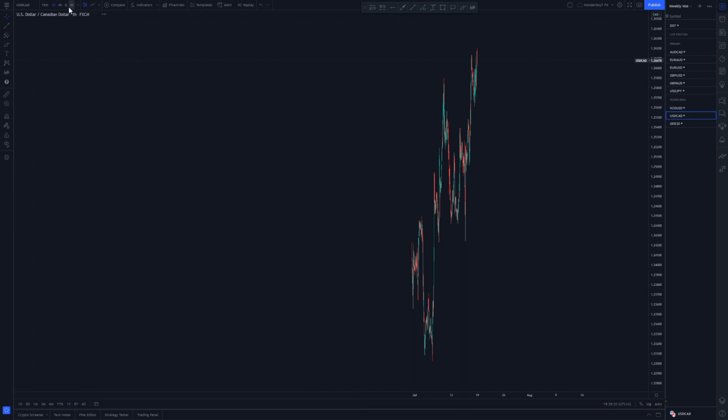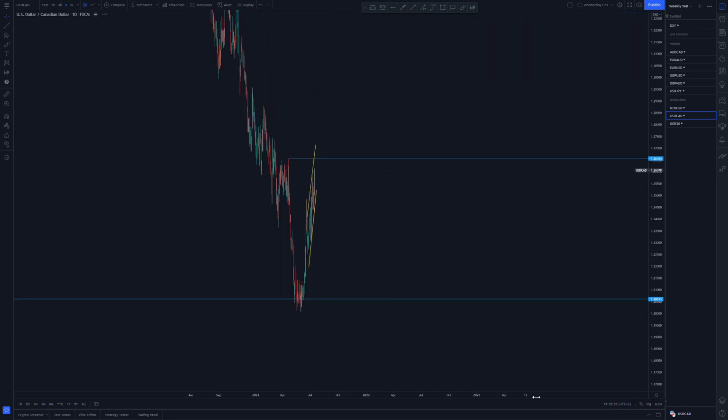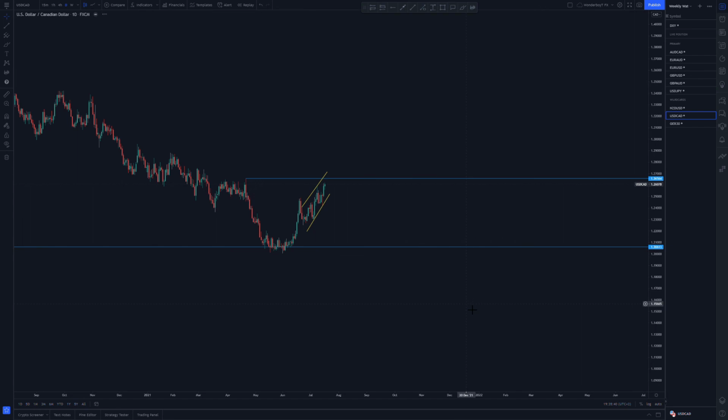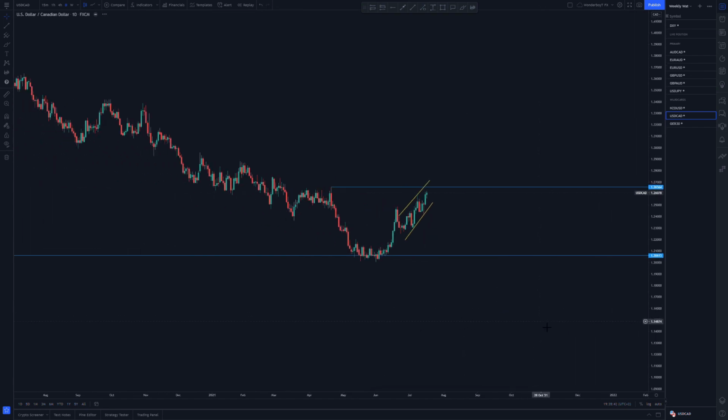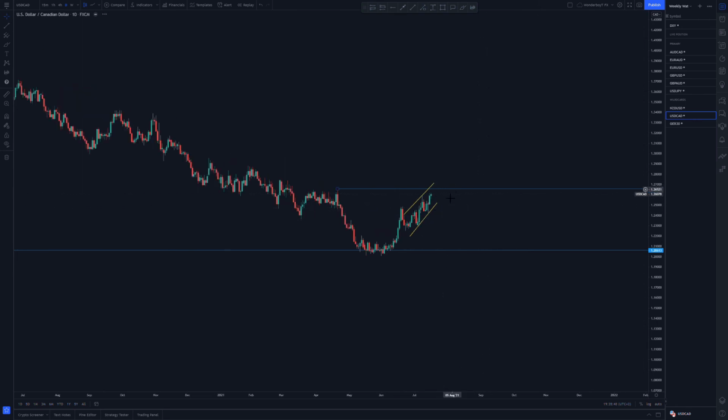And the following one, the USD Canadian dollar, sorry. So I'm going to start off from daily time frame as well. So I'm just waiting to see how price is going to react from these areas.